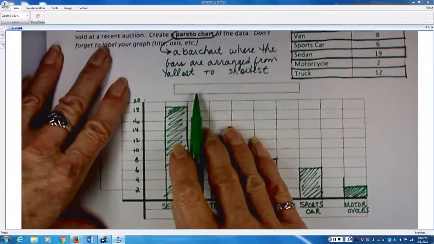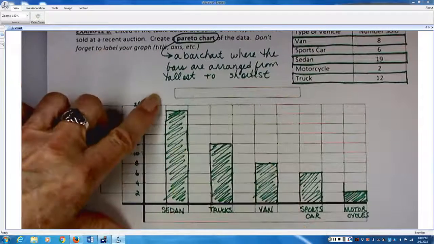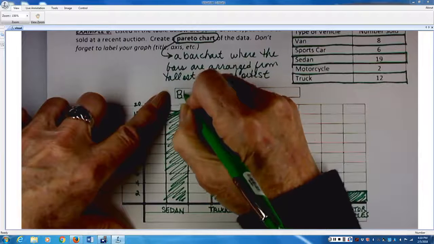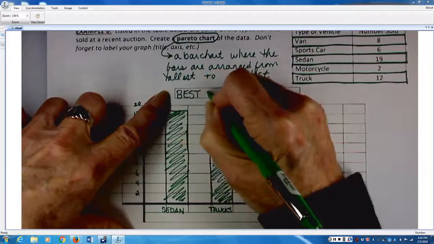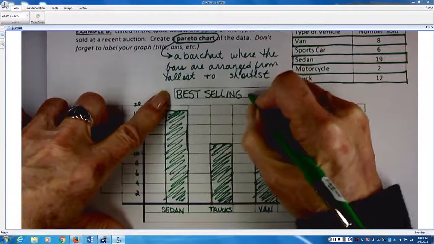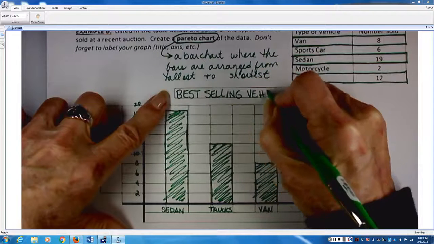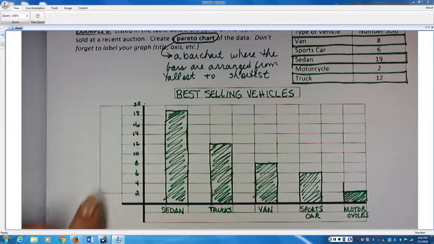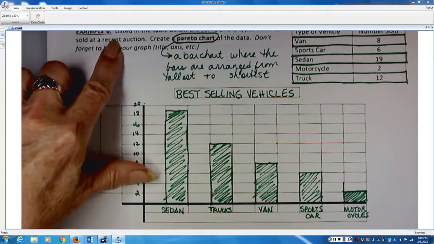The chart's title is Best-selling vehicles, because these were sold at an auction.